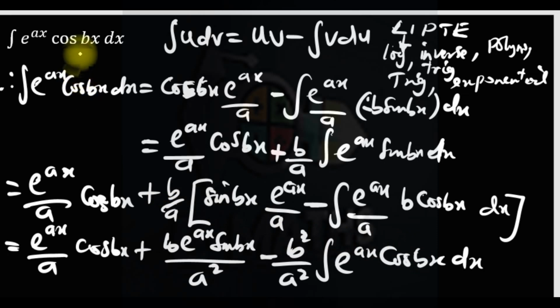If you look at this, we were asked to integrate this, and that's what is here. So if you keep on integrating, it won't end. So we use our common sense as mathematicians: we collect like terms. This and this are the same, so we move this to the other side to be positive.